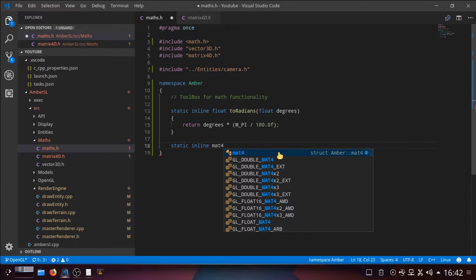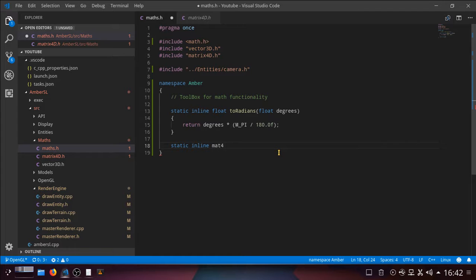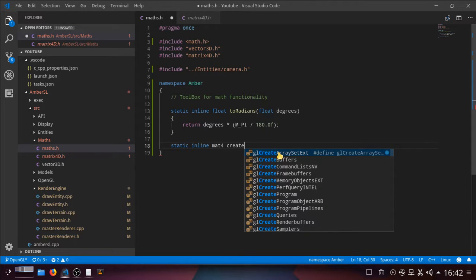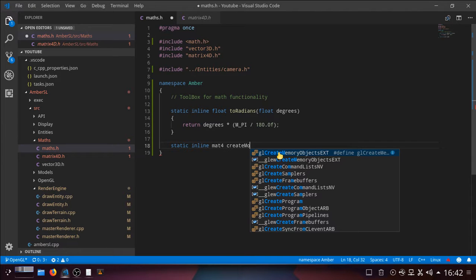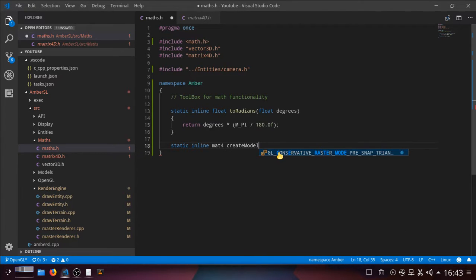We're going to have fun with this one. What we're going to do is create the model matrix. Remember MVP? We couldn't do it because we hadn't got to create model matrix. So we're going to do that here.